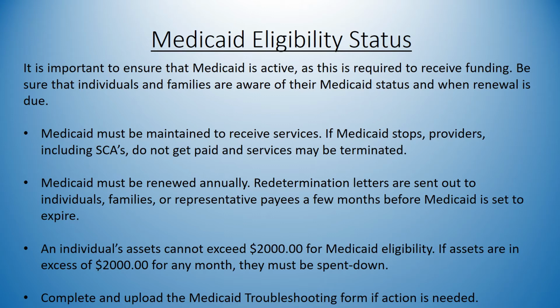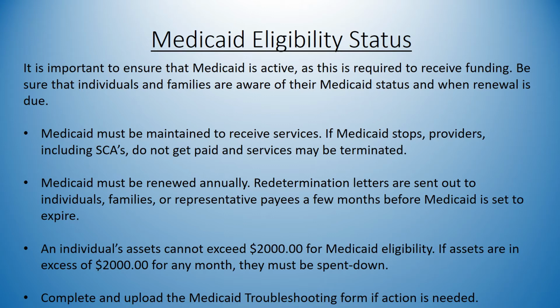A redetermination letter will be sent to individuals, families, or representative payees a few months before Medicaid is set to expire. This will request documentation that eligibility is maintained and must be completed and returned in a timely manner. Also keep in mind that an individual's assets cannot exceed $2,000 for Medicaid eligibility.